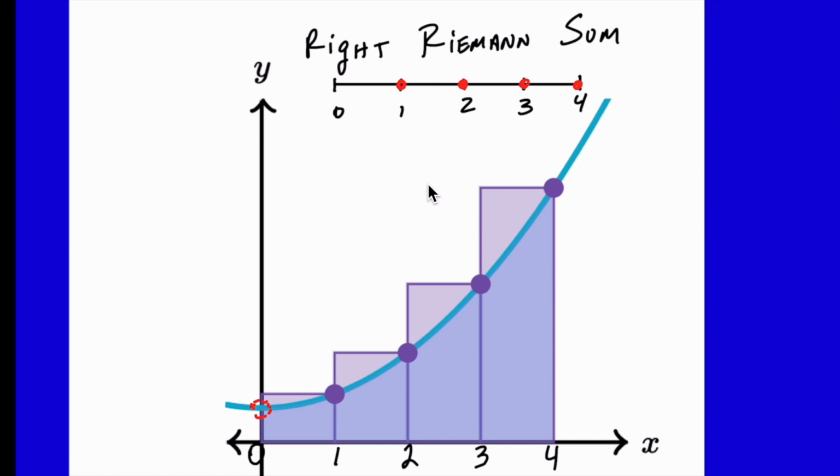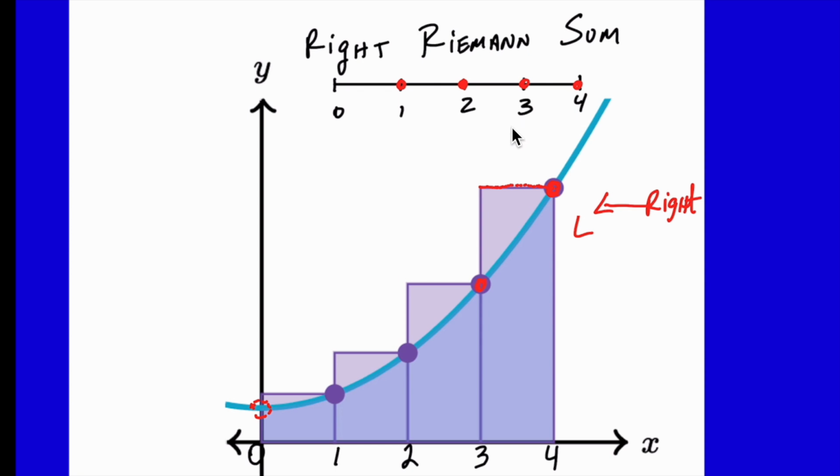This is a right Riemann sum, so we're going to draw our horizontal line from right to left. So we're going to get on the furthest rightmost point that's on our number line that we're going to include in terms of the f of, and here we go, we have f of 4. We're going to run a horizontal line going from right to left until we hit the area above or below the next point, and we stop our horizontal line.